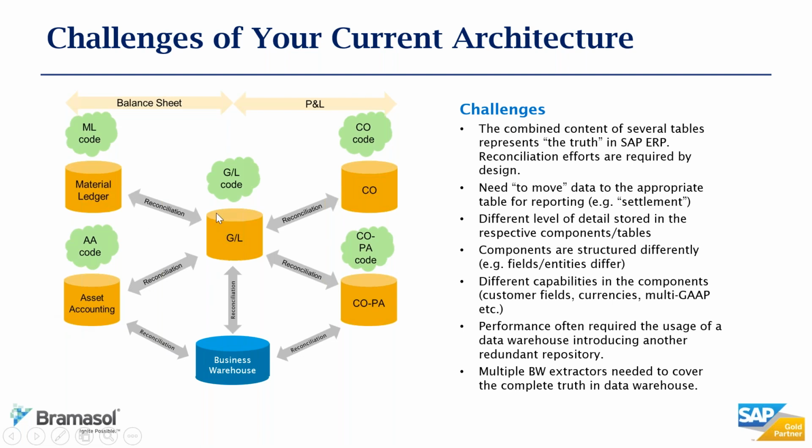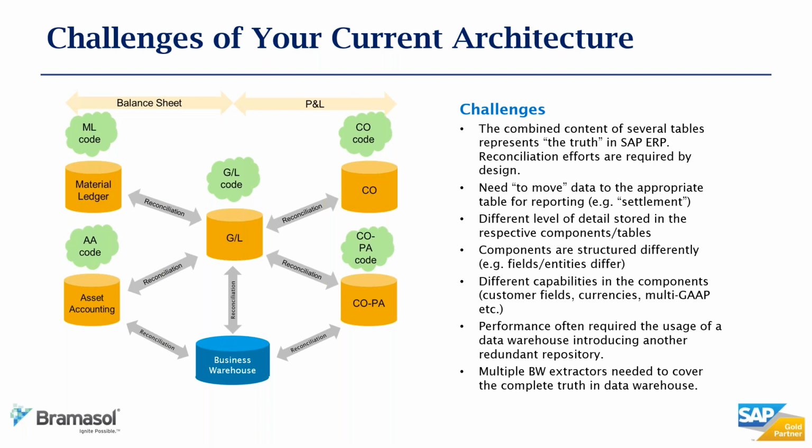So you've got reconciliation that takes place between your material and your GL, same with asset accounting, same with your CO. And the problem with this architecture is there's a lot of movement of data. So you're having to move from one table to the next. You're having to create multiple documents for all of those movements, the reconciliations.